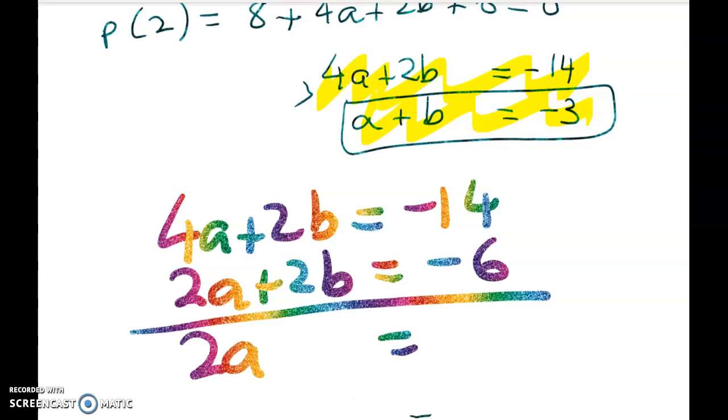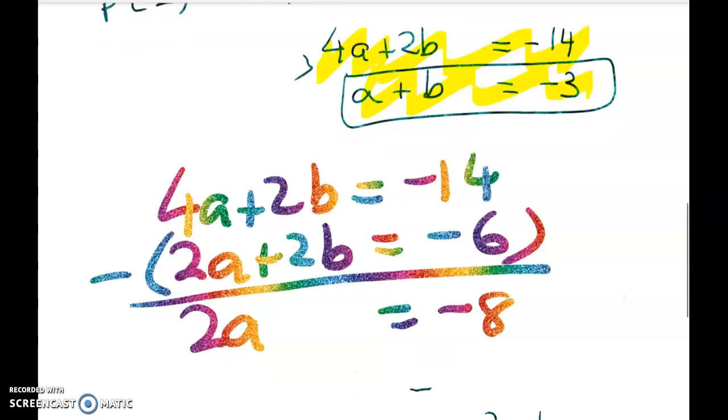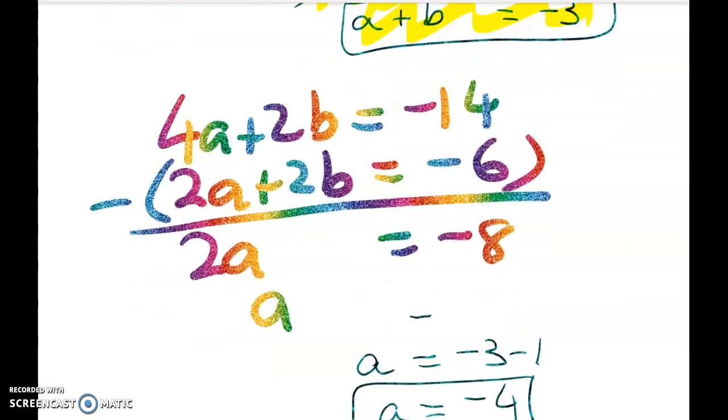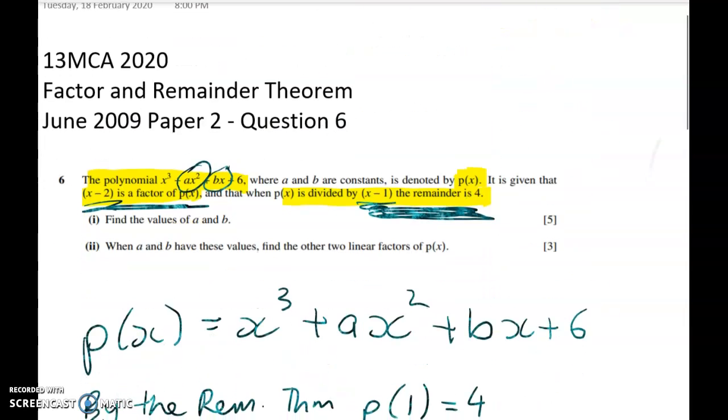Subtracting the second from the first, 2a gives me -8, generating a equals -4. Hopefully that's enough to convince at least some of you that elimination is often a faster method, right? So a is -4, and from there I can go and get my b value, right? So b is 1. So that's the first 5 marks of the question done.